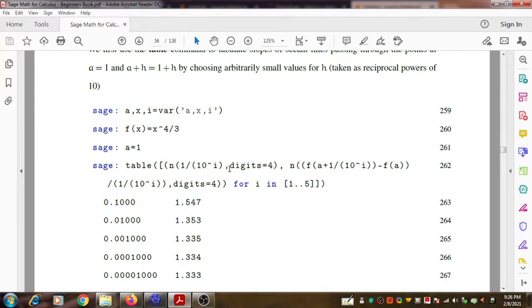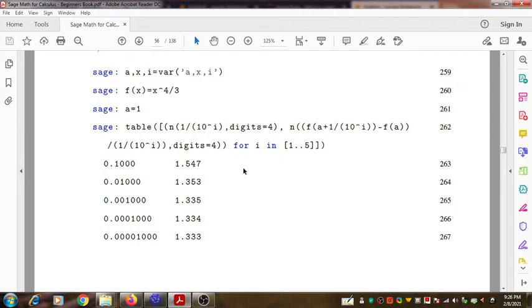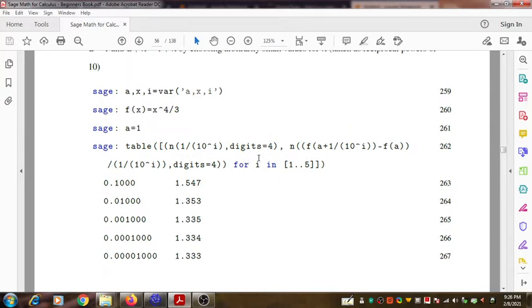Then the number of places in which the number should be displayed is specified next, separated by a comma from the first part. That is the meaning of the keyword digits equal to 4.